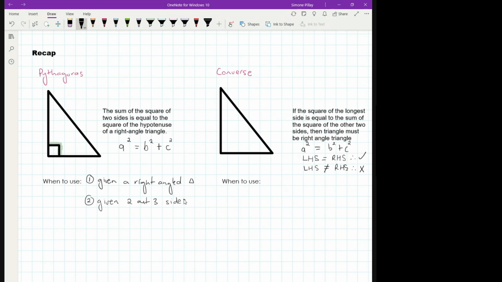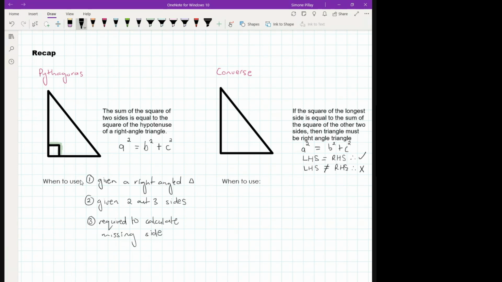So the length of 2 out of 3 of your sides. And lastly, you must be required to calculate your missing side. Okay? This is when you know you are going to use Pythagoras.